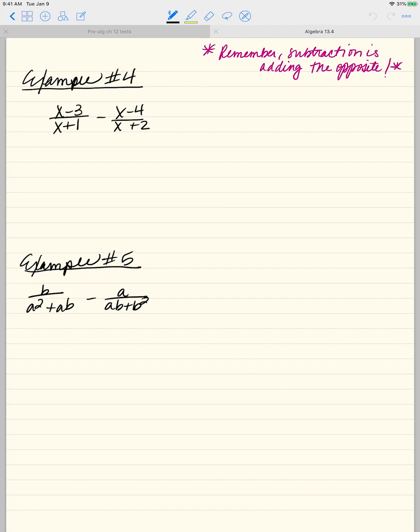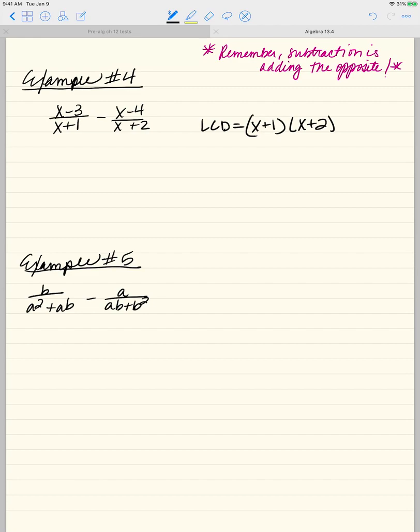We have x minus 3 over, so we have x plus 1 and x plus 2. Are those going to have any common factors? No, they are not. Okay, so our lowest common denominator when we can't find any common factors is going to be x plus 1 times x plus 2. That is our lowest common denominator.